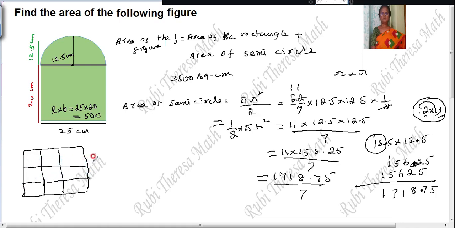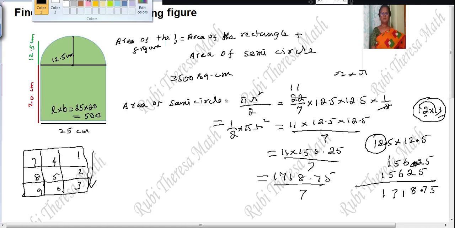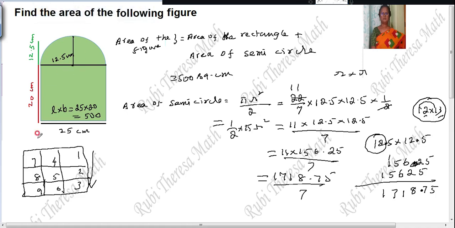Those who are able to write the table mentally, please do it that way. Here I write 1 to 9, then the next number, 0, 1, 2, then 2, 3, 4, then 4, 5, 6, then 7, 70. Now do the division.